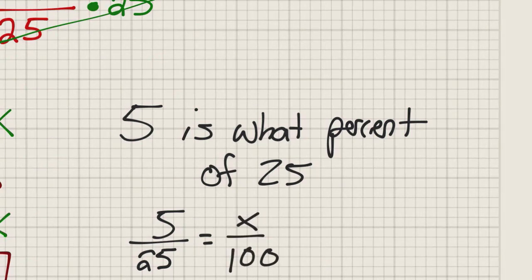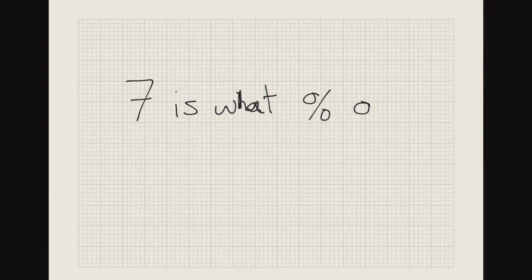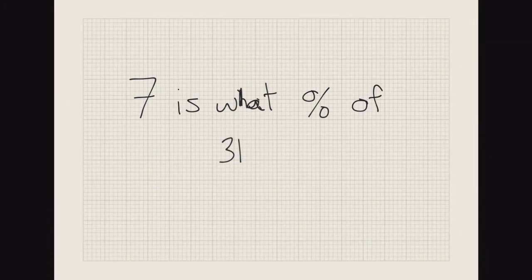Yep. We just did it, but I'm trying to let you see it in a lot of different ways. Let me throw a curveball out there since that one seemed awfully easy. 7 is what percent of 31? What would you do here?